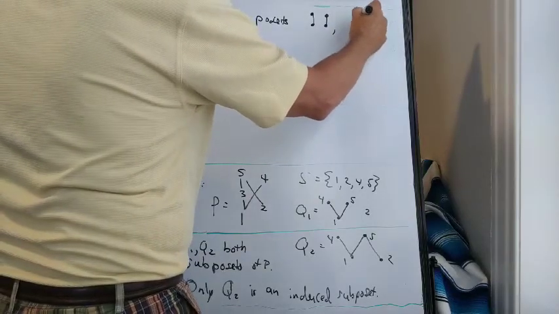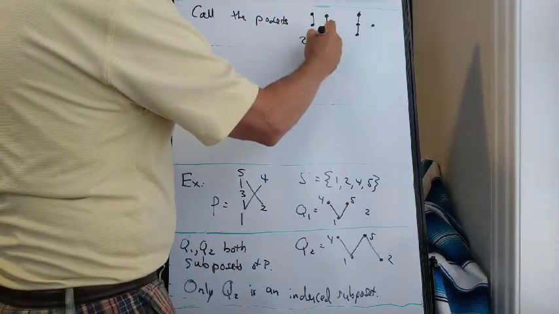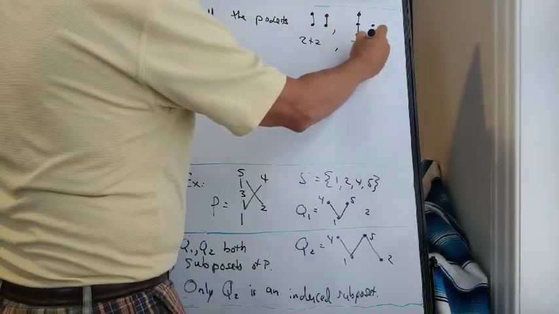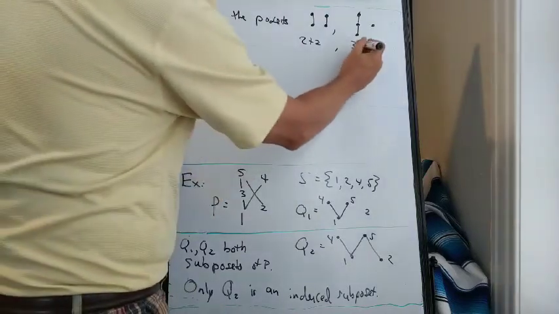Now let's look at two posets in particular on 4 elements. Let's call these posets 2 plus 2 and 3 plus 1, because those are the cardinalities of the chains in them.